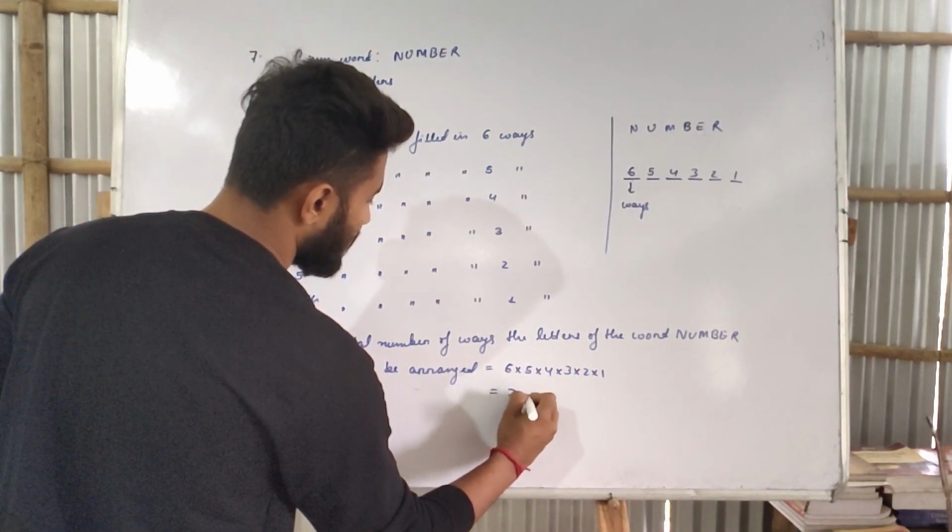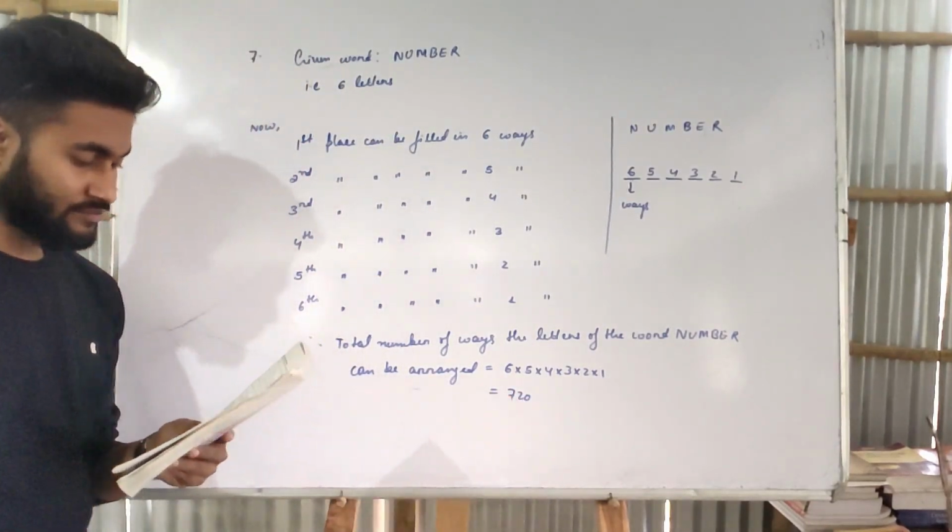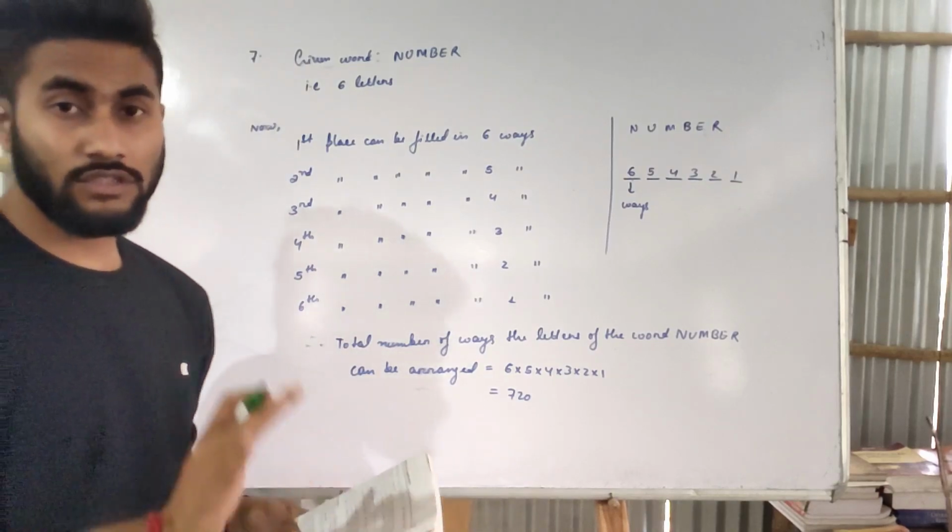So the answer will be how much? 720. Done. So now let us come to the first question.